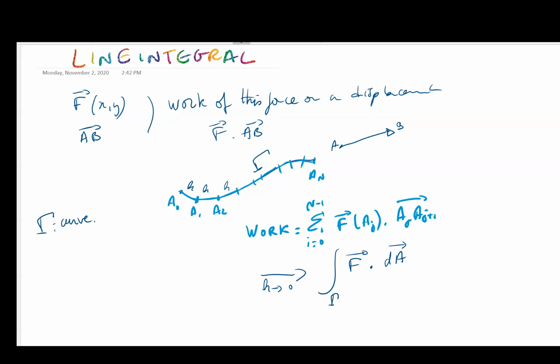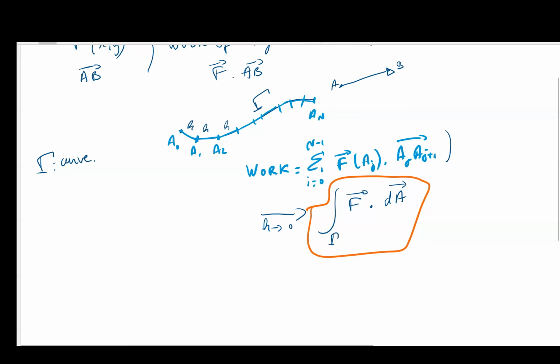That's a very usual letter to denote a curve. And so we will say that the work of the force along that curve is going to be given by the limit, as the size of the subdivision tends to 0, of this sum, and the notation we're going to use is going to be that notation.